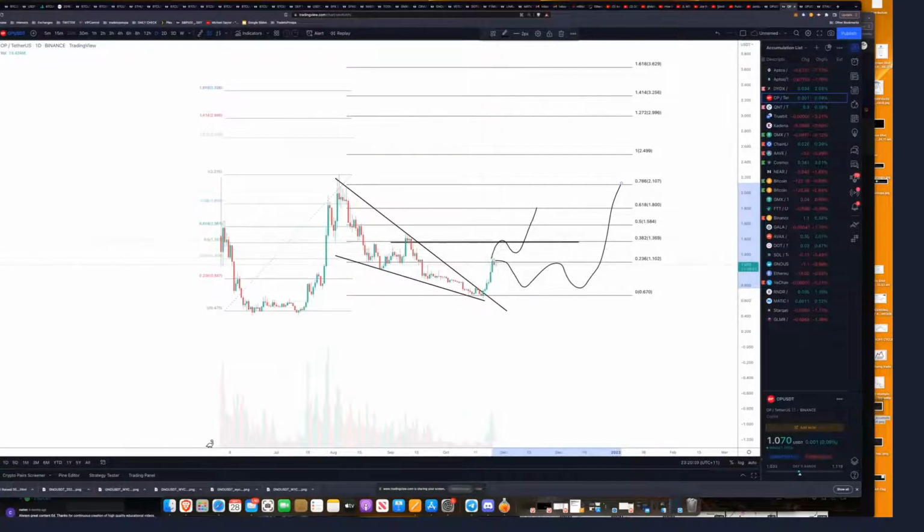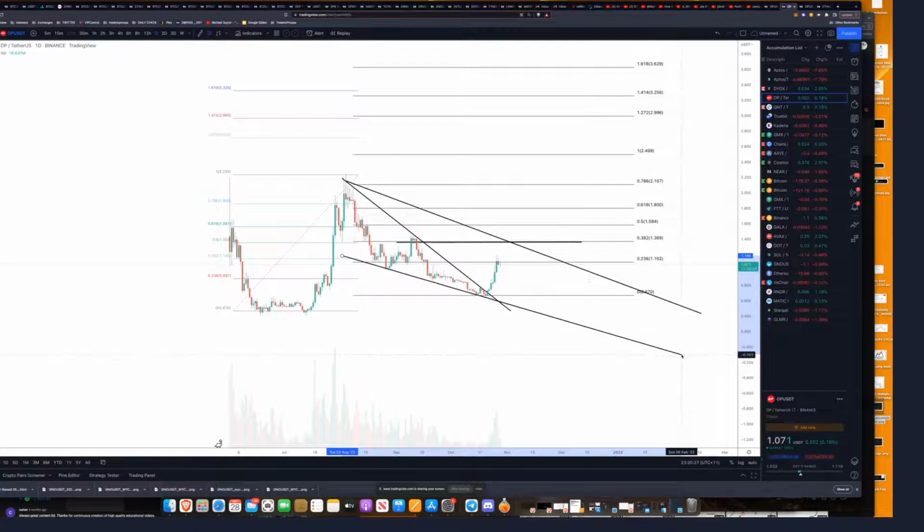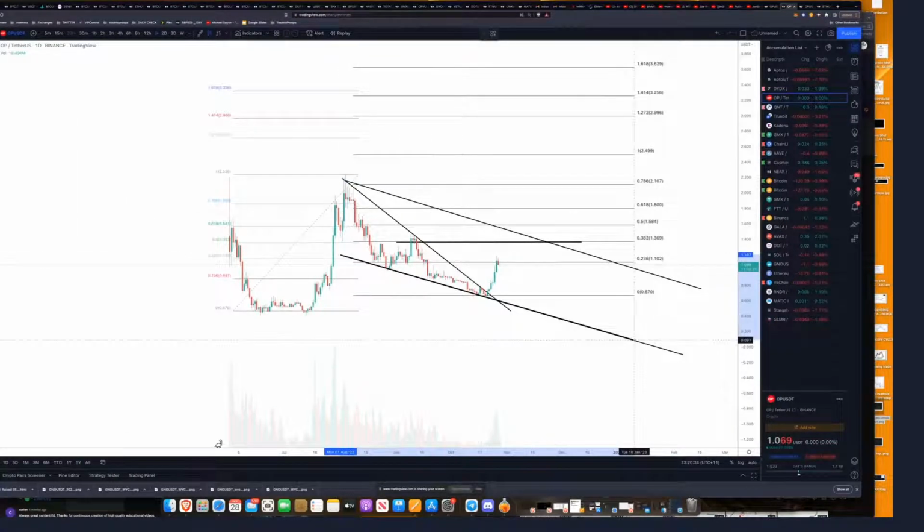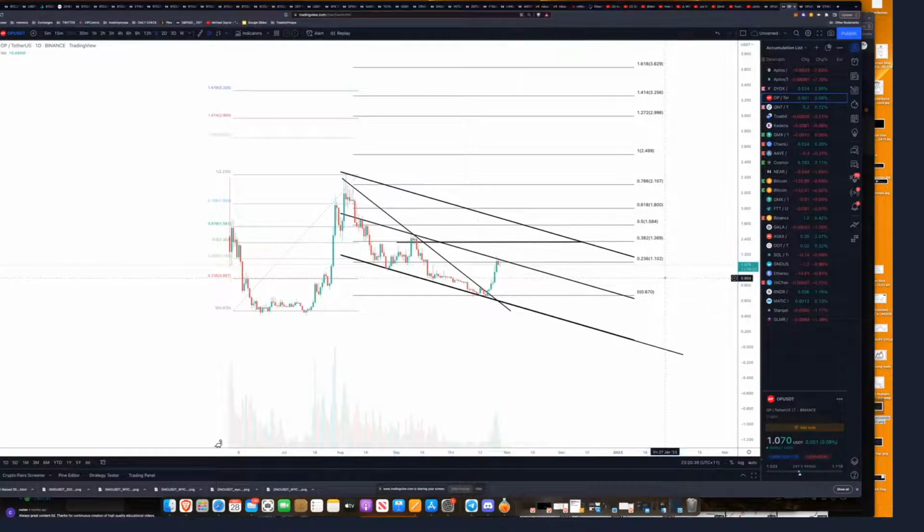So if this was to come up to there, then we have another reference like that, and then we play with it. But because it's so early in the picture, we don't have many clues, and that's the hard part. So this could be a channel. And if we were to think it aloud, if it's bullish, let's just get rid of that. All right, there we go. That might make a bit more sense.